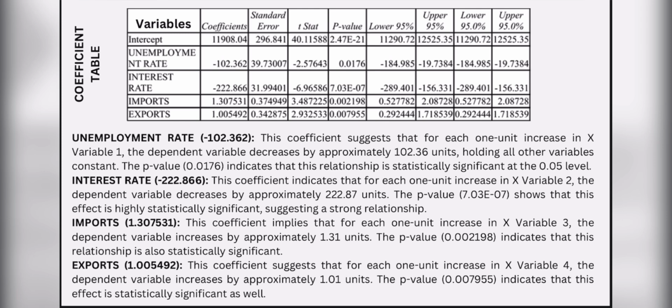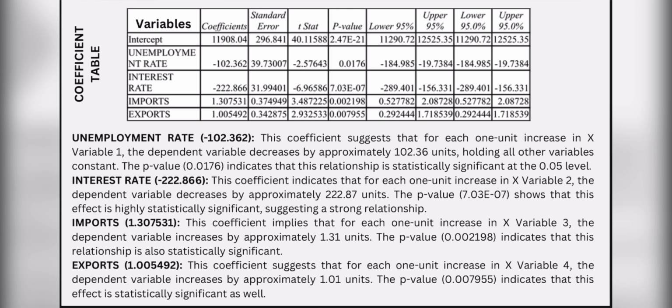It is shown that the unemployment rate, with minus 102.362, is negatively affecting the GDP, which is the dependent variable. In other words, this coefficient suggests that for each 1 unit increase in the rate of unemployment, the dependent variable decreases by approximately 102.36 units, holding all other variables constant.